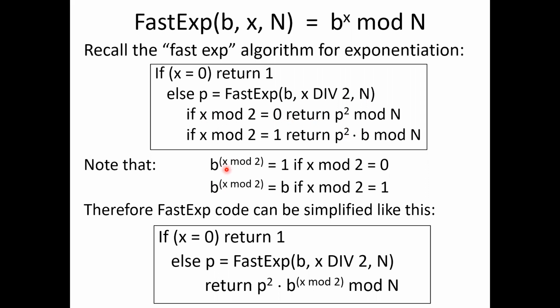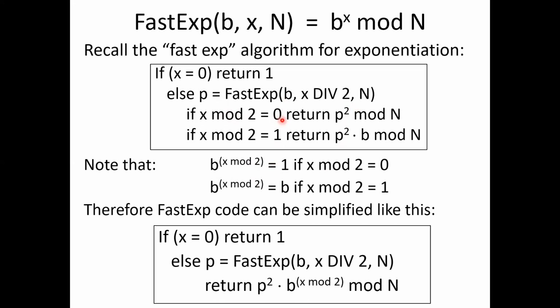I can rewrite this, by the way. Notice the following: b to the x mod 2, if x is even, is b to the 0, so this becomes a 1. And if x mod 2 is 1, then this becomes a b. So this is a hidden multiplication by b to the x mod 2.